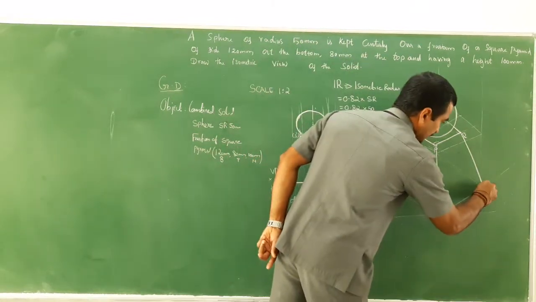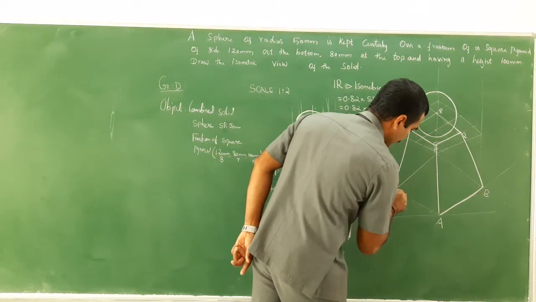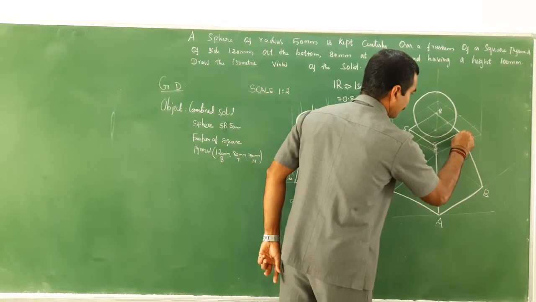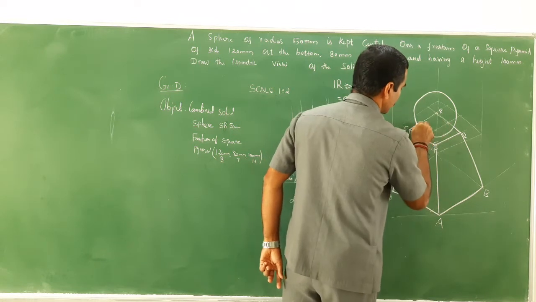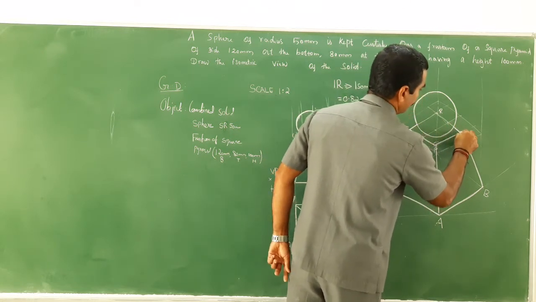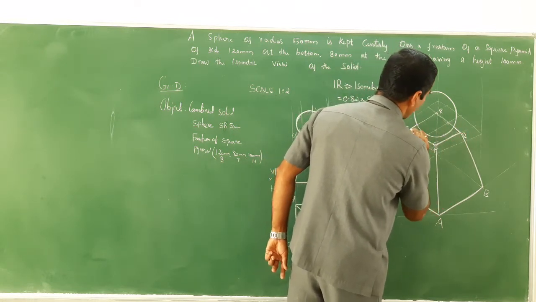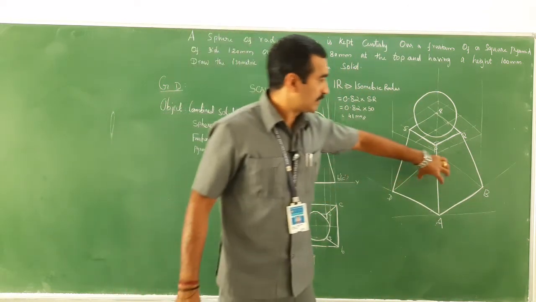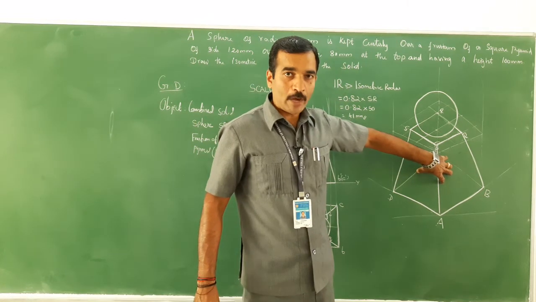Next, the base. So we just darken the visible edges by doing this. Now look at here, this is the frustum of the square pyramid.